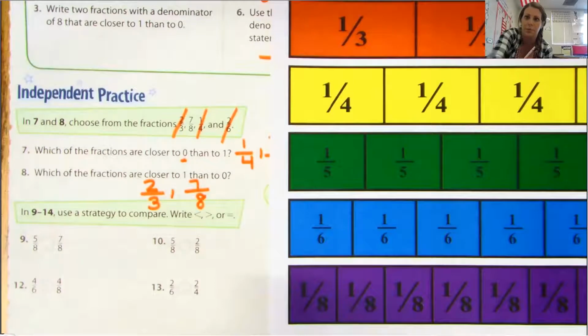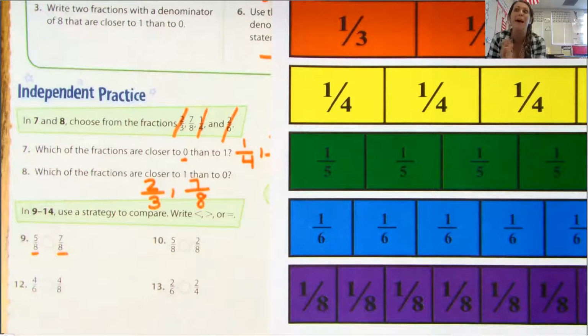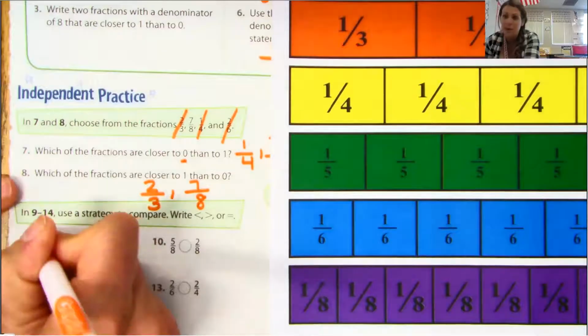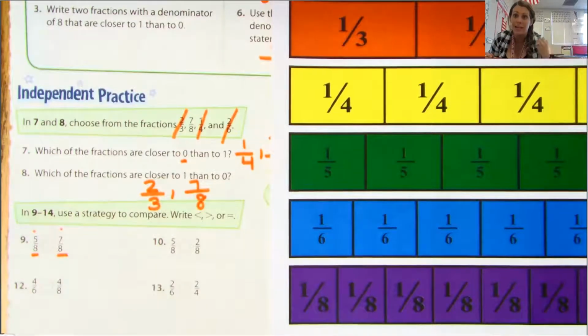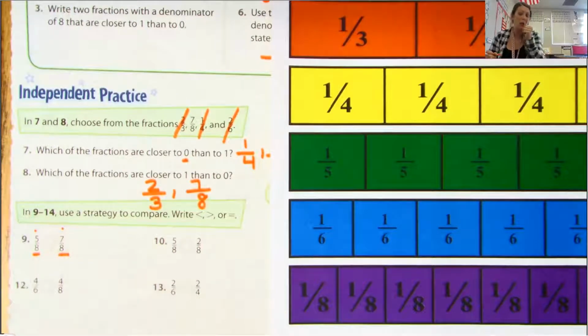And I'm hiding from you. All right, here we go. 5/8 and 7/8. What's the same? The denominator is the same. We love when the denominator is the same because then we just look at that top number and the smaller number is the smaller fraction. The greater number is the greater fraction. So where would we put our alligator mouth?